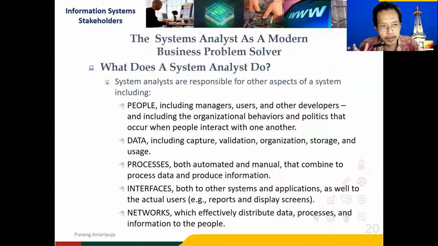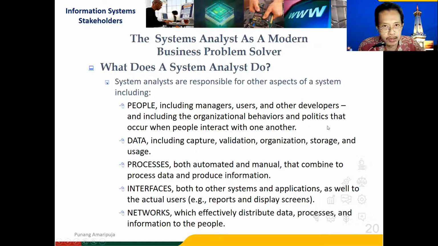So this is more talking about the psychology of the people using it, for instance, the sociology, how people use systems, how to encourage people to input data to the system and then use the system itself, including, for instance, with managers, users, other developers, also talking about organizational behaviors, about politics.